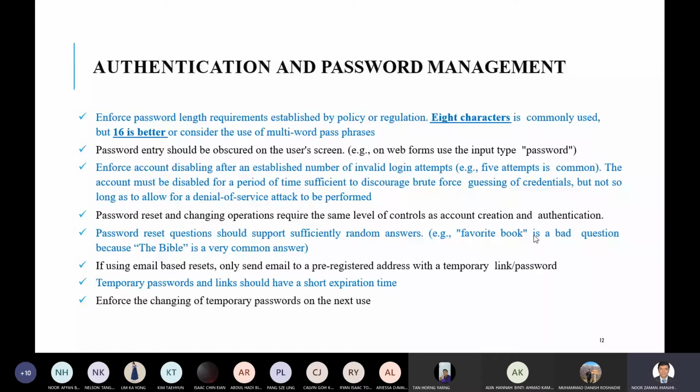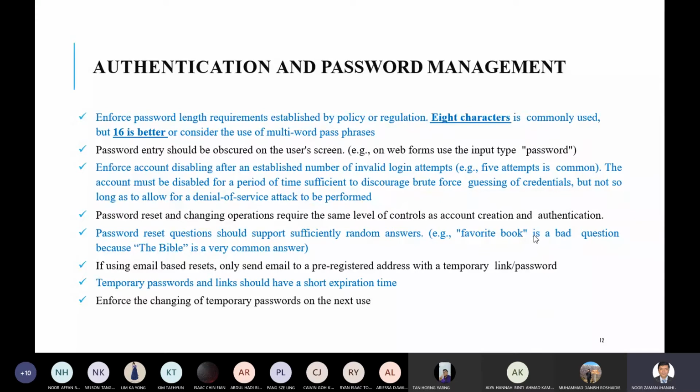So we need to handle all of these things, and manage how. If a user is not changing the password, we have to force them. Our secure code has to force the user to change the password. And if someone forgets the password, then what we send should be a temporary password only, which can work only one time, and then the user is supposed to change the password.